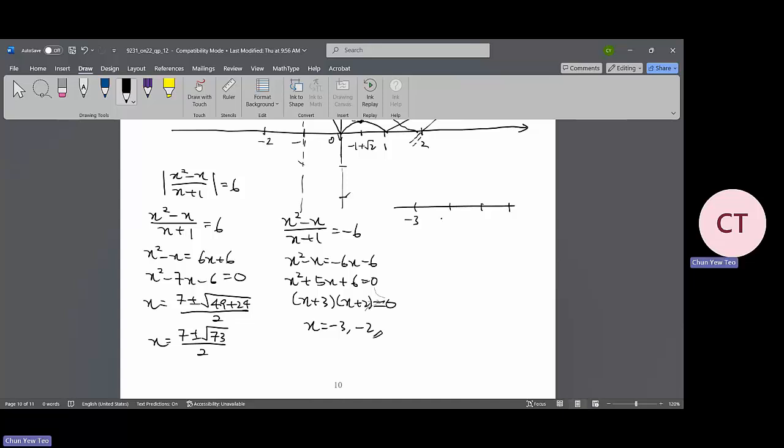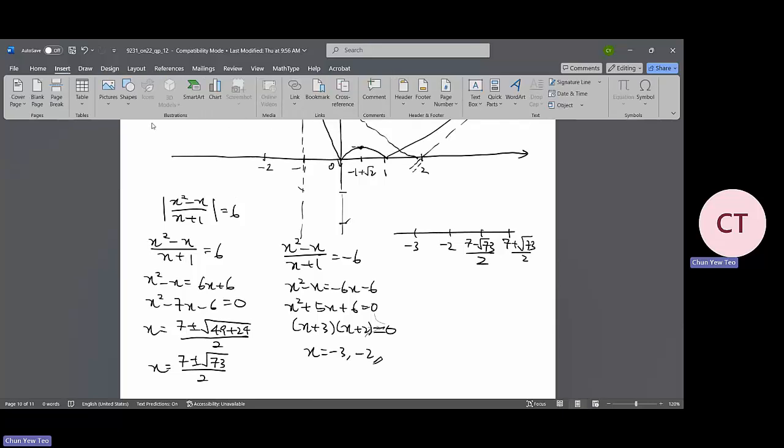Then this is 7 minus square root of 73 over 2, and this is 7 plus square root of 73 over 2. If you arrange them in the sequence, this is the ascending order.